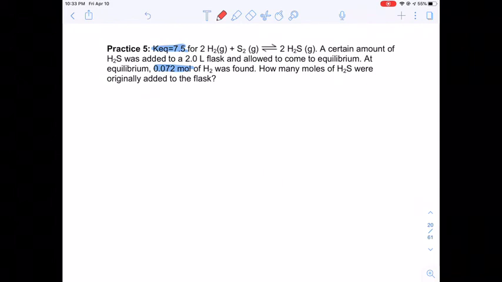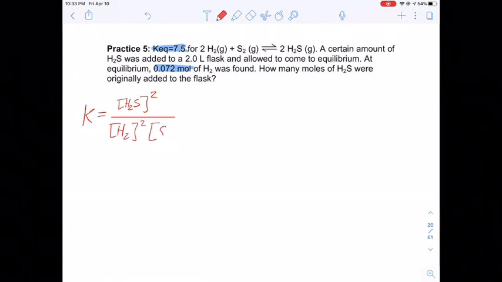So let's write out our equation first. We got our K is equal to H2S squared divided by the concentration of H2 raised to the power of 2 times the sulfur gas. And then let's write out our ICE table, see what kind of information we have there.